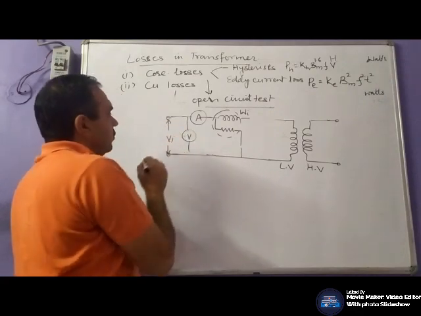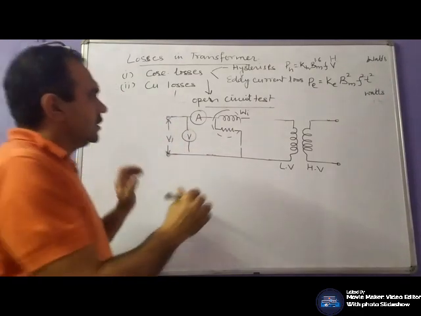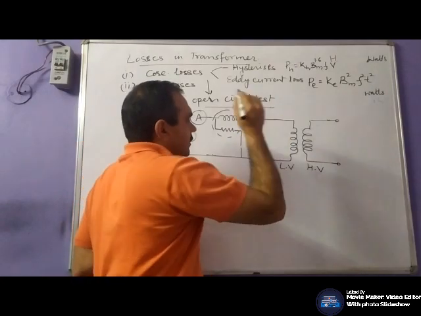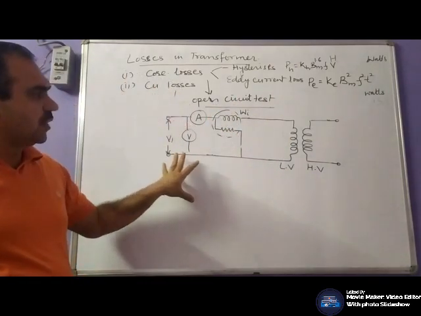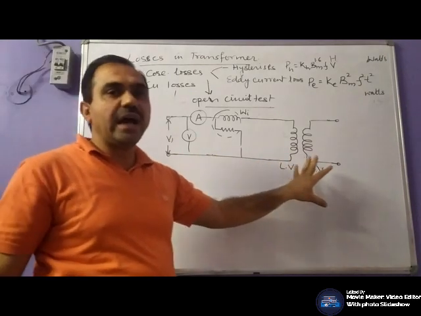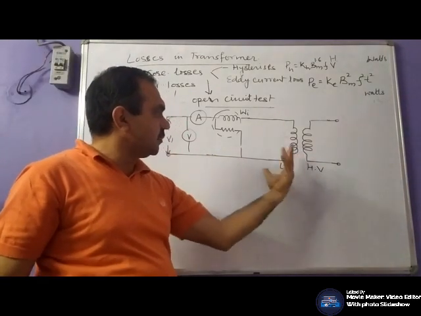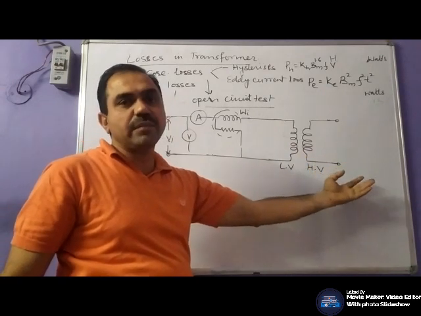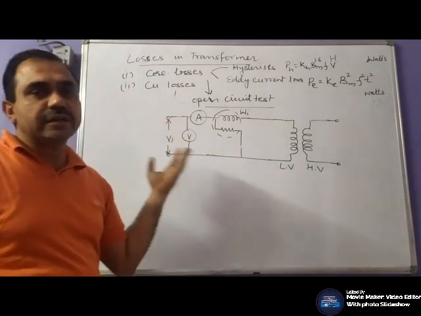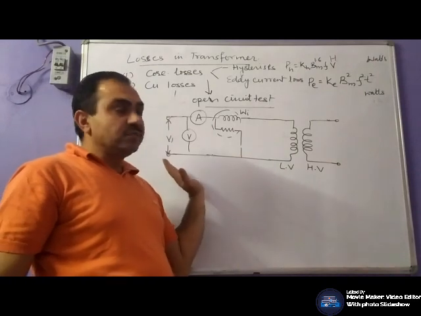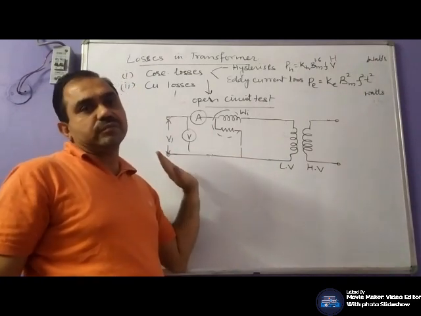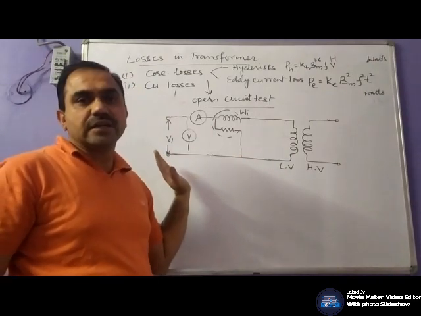And rated voltage is applied across the low voltage side. We can perform this test on either side. We can also apply the voltage on the high voltage side, keeping the low voltage side open circuit, but we have to apply the rated voltage.